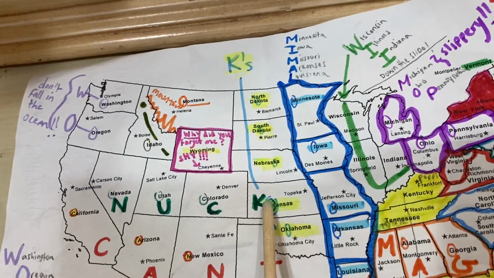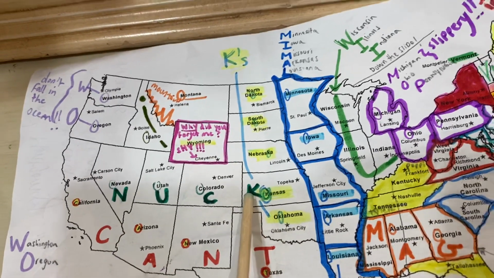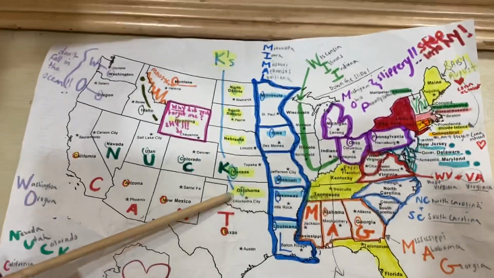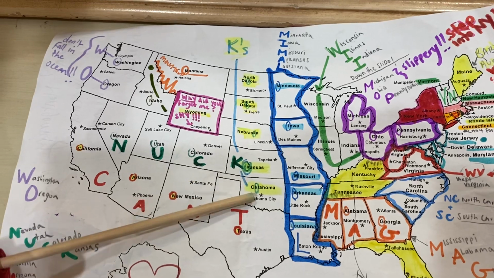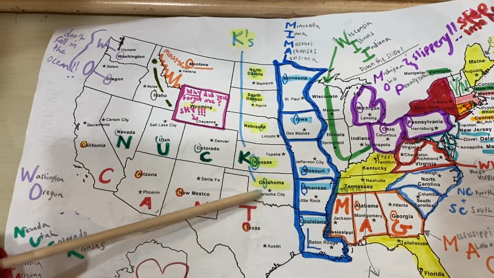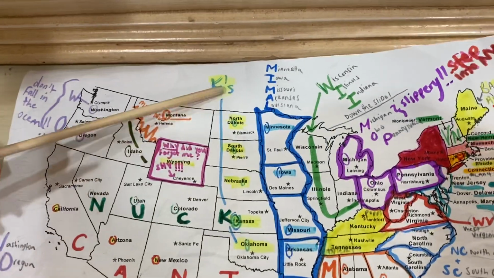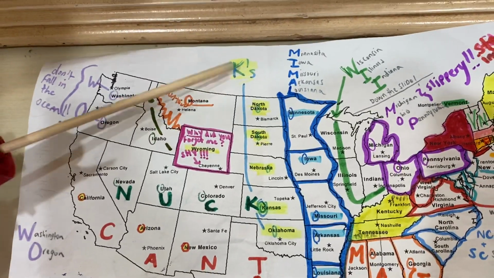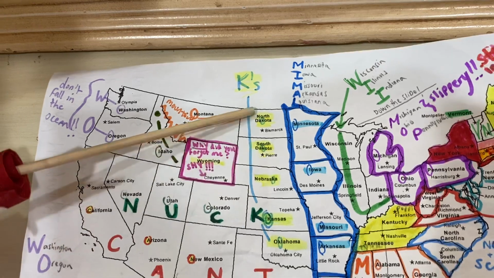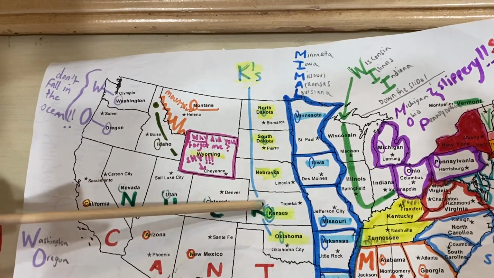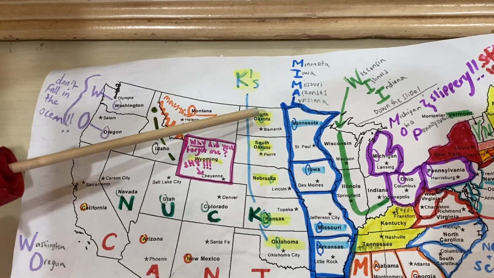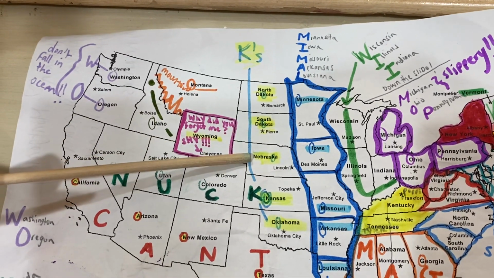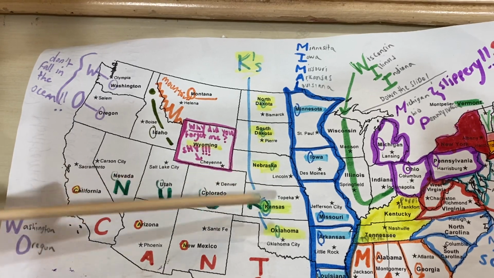When you do the K for Kansas, you're going to make a line just like Mommy did. Here's your map. You're going to make a line that goes from right here above Texas. You're going to go K and a line. And on the top of your paper, you'll write Ks, so you remember to fill these Ks in, right where the K for NUCK is. You're going to start with North Dakota, South Dakota, Nebraska has a K here.